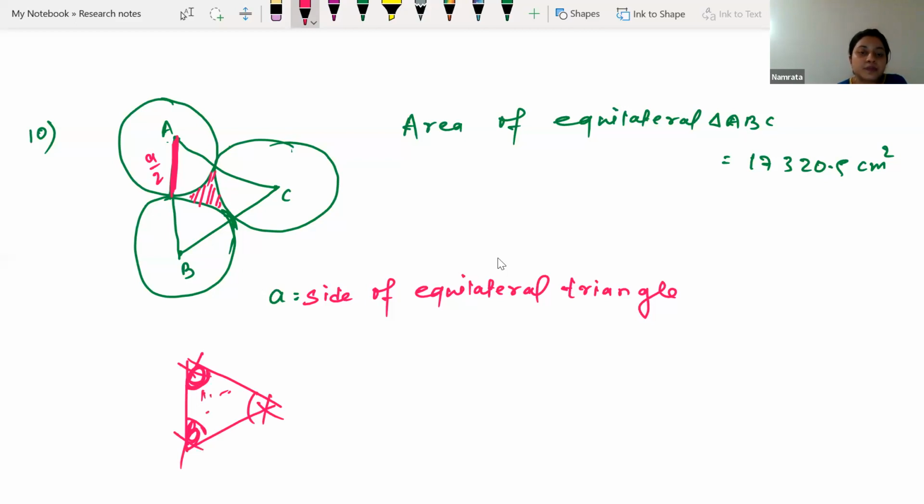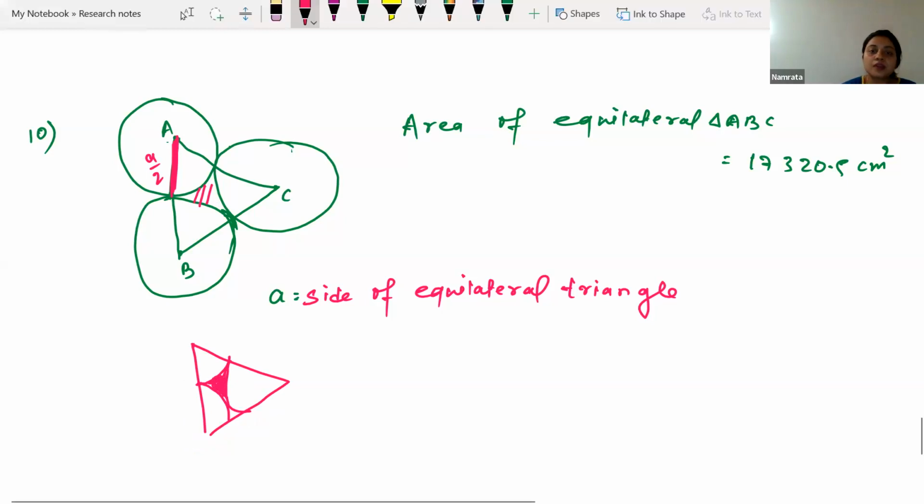Yes or no? From the total triangle area, if you exclude all the sectors of the circles, you will be left with this part only, no? Are you able to visualize?